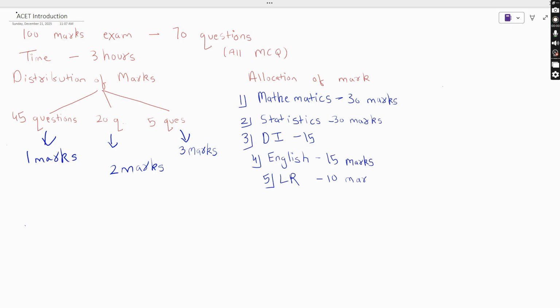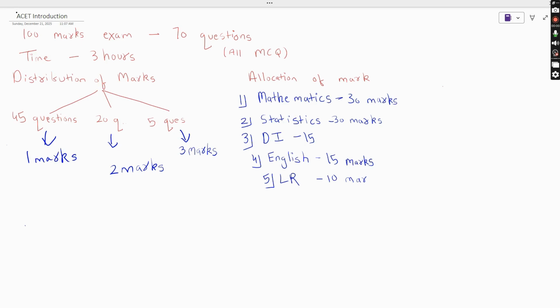Okay, so the allocation of marks between the subjects that ACET covers is as follows. The mathematics and statistics part has 30 marks weightage, and the DI, that is data interpretation part, contains 15 marks.